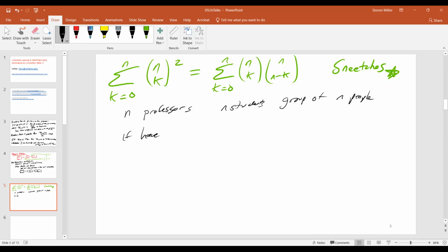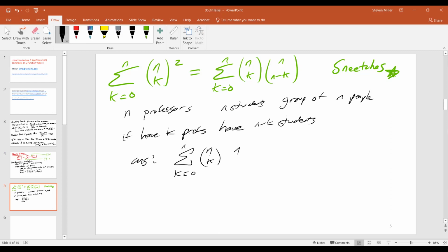If we have k professors, how many students must we have? N minus k. N minus k students. So the answer is the sum, k goes from 0 to n, of n choose k, n choose n minus k, which is just the sum, k goes from 0 to n, of n choose k squared.